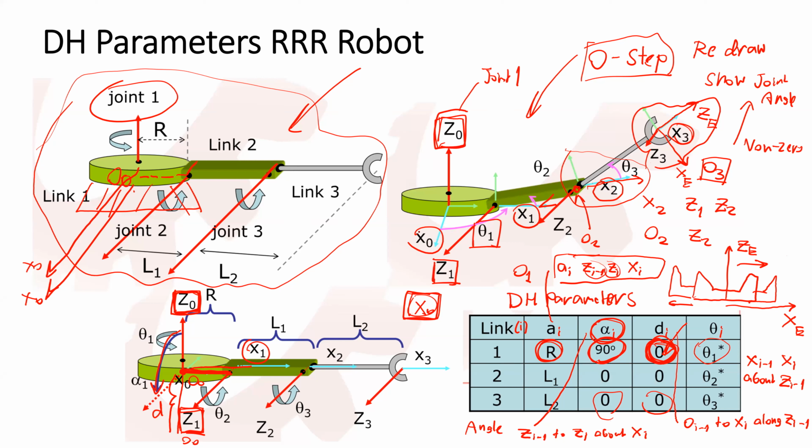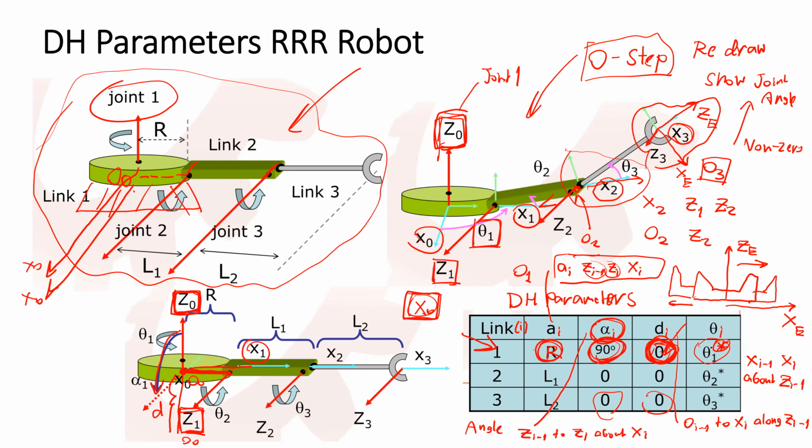You can see the star mark here. The meaning of the star is that, in the 4 parameters of link 1, A is a constant, 90 degrees is constant, D is also a constant, but theta 1 is a joint variable.